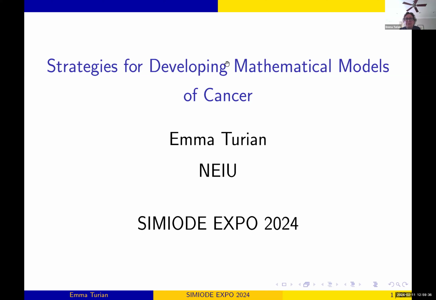My name is Emma Turian, and I'm teaching at Northeastern Illinois University. I'm in the math department, and I created a course called Math 371, Mathematical Modeling for Cancer Risk Assessment. This course is interdisciplinary. It's an elective for most of the programs.